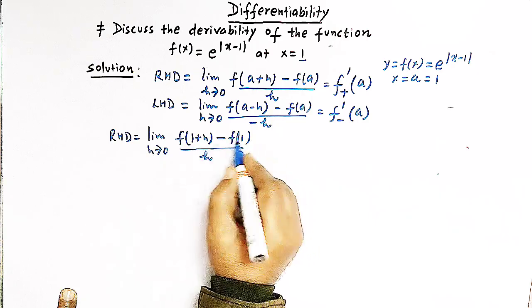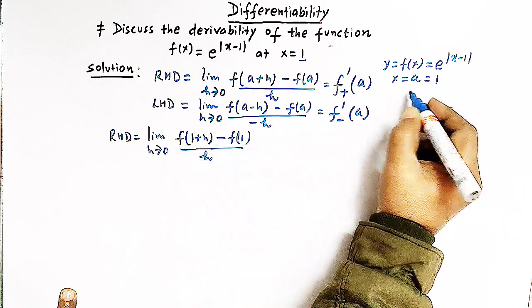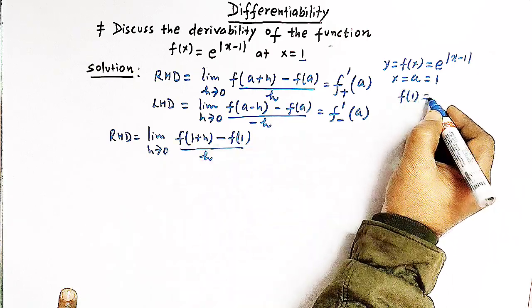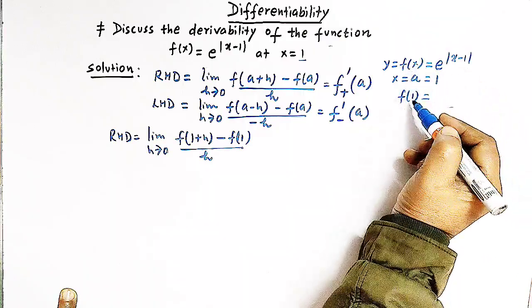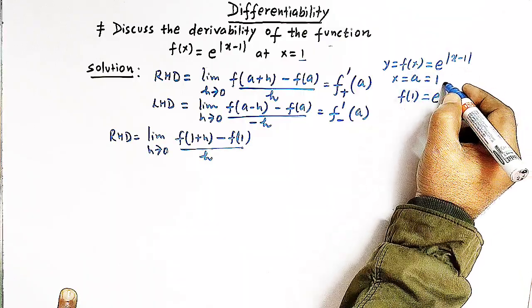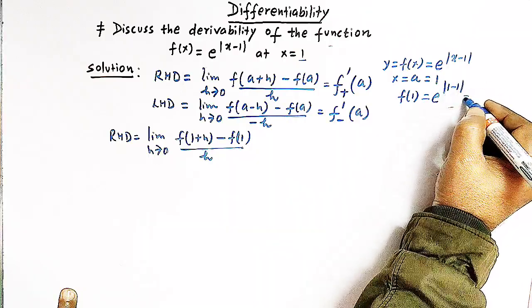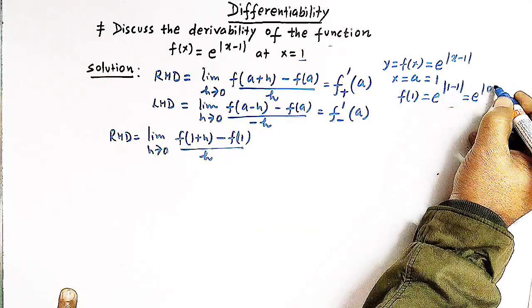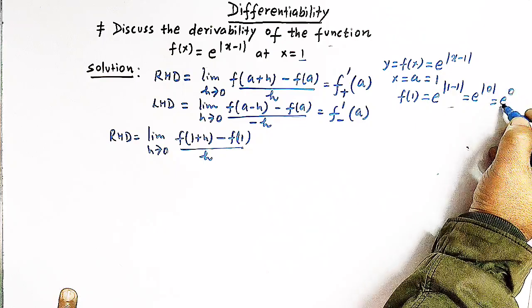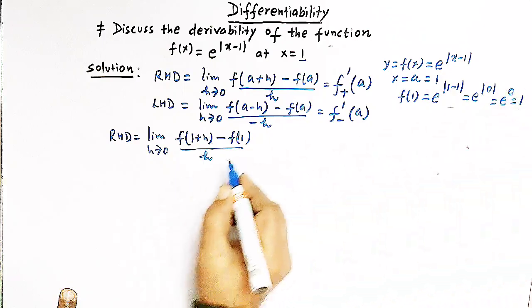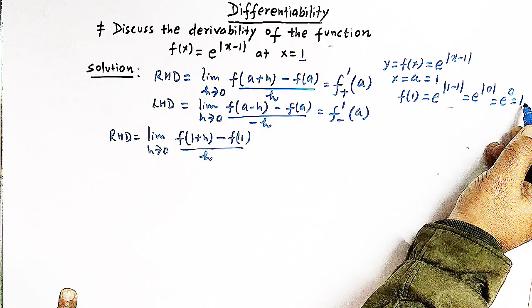So now f of 1 can be calculated separately, so we can write f of 1 by replacing this x by 1. So we have e raised to mod of 1 minus 1, so this is e raised to mod of 0, and mod of 0 is 0, and e raised to 0 is 1. So f of 1 is 1.